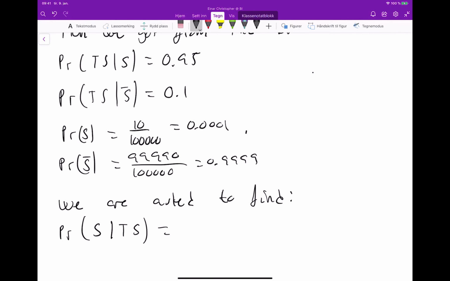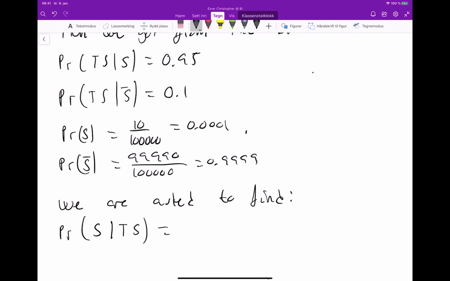And this will make it hard to get good results, if you can say it like that, when calculating this probability of being sick given that the test says you are sick. It will be much lower than you believe. And think about it by looking at the numbers here.